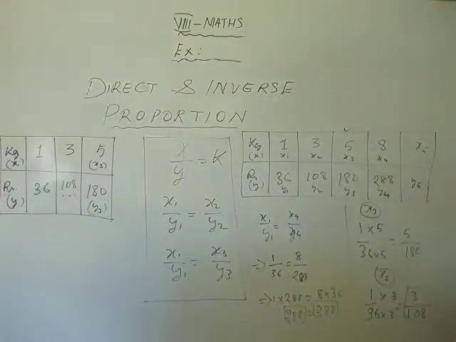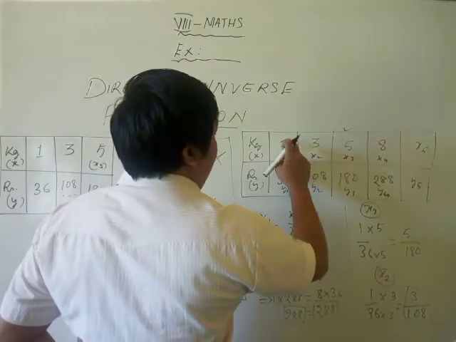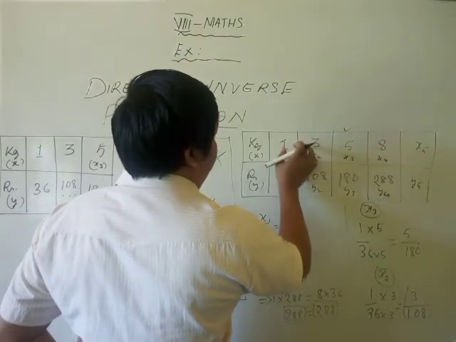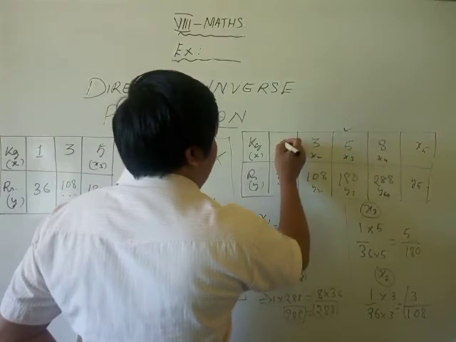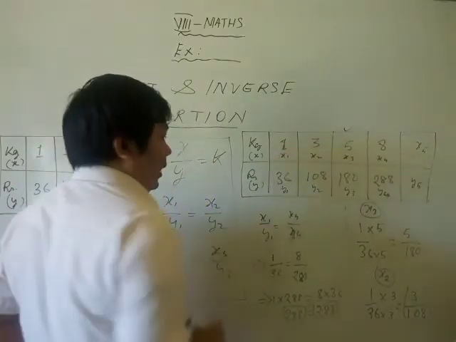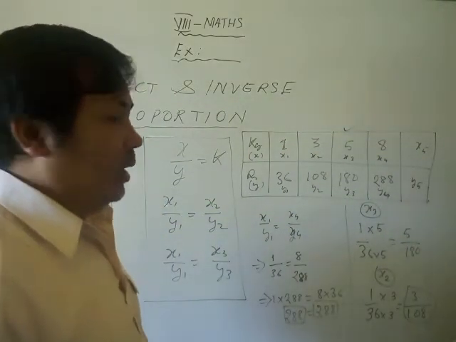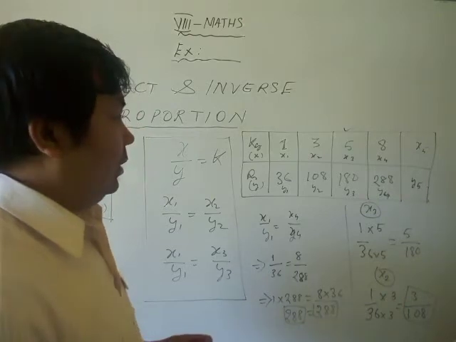Isn't it? So like this we go. But if it is some other value other than 1, then you have to see what the common value there is. Okay, then you have to find out. Understand?